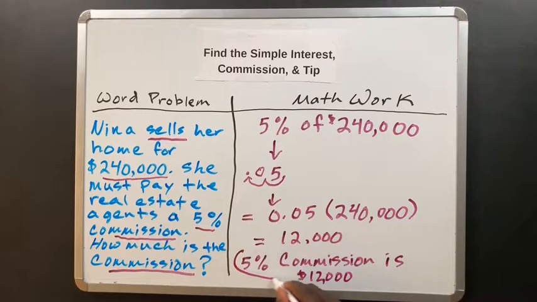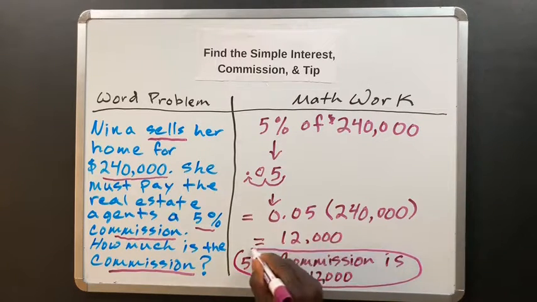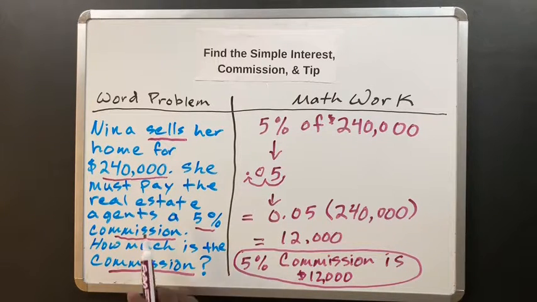Okay, and this is what Nina is going to pay the agents. That's their commission for the sale of a home. When she sold that home for $240,000, the real estate agents earned a 5% commission, which is $12,000. Okay, not bad, not bad. May want to consider a career in real estate.